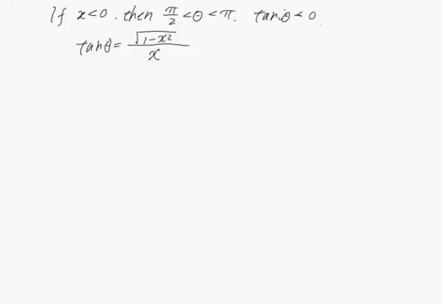So in either case, you always have the tangent of the arc cosine of x equal to the square root of 1 minus x squared over x, no matter x is positive or negative.